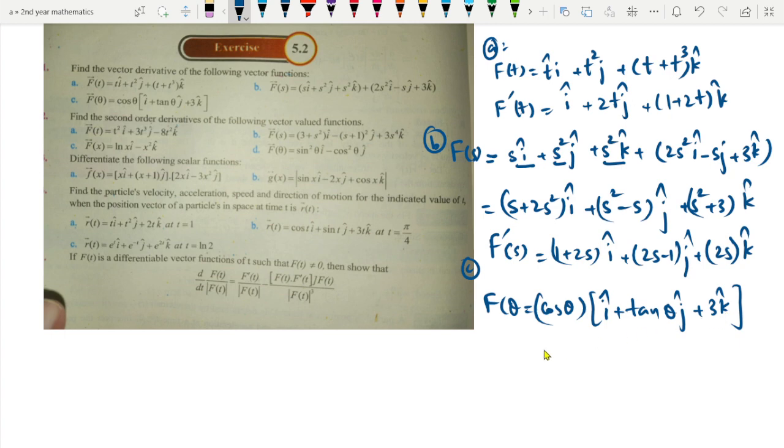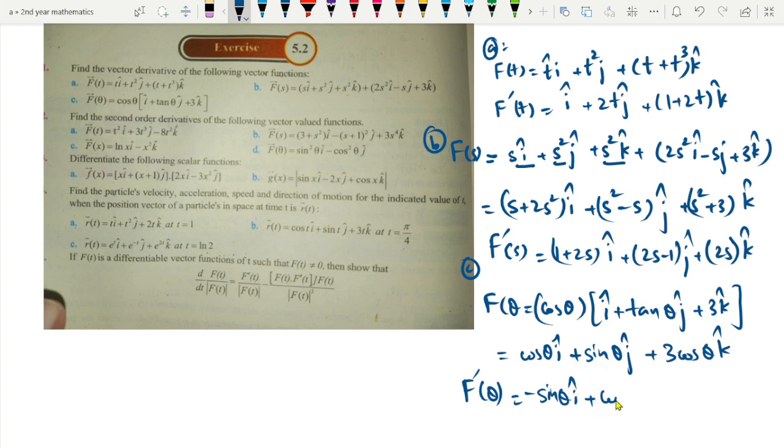Simply multiply this, so this will become cos theta i, and tan theta times cos theta is equal to sin theta. Cos theta is cancelled with cos theta, so this will become sin theta j plus 3 cos theta k. By taking the derivative of this one, f prime of theta: the derivative of cos theta is minus sin theta i, plus the derivative of sin theta is cos theta j, and the derivative of 3 cos theta is minus 3 sin theta k. So this is our final answer.